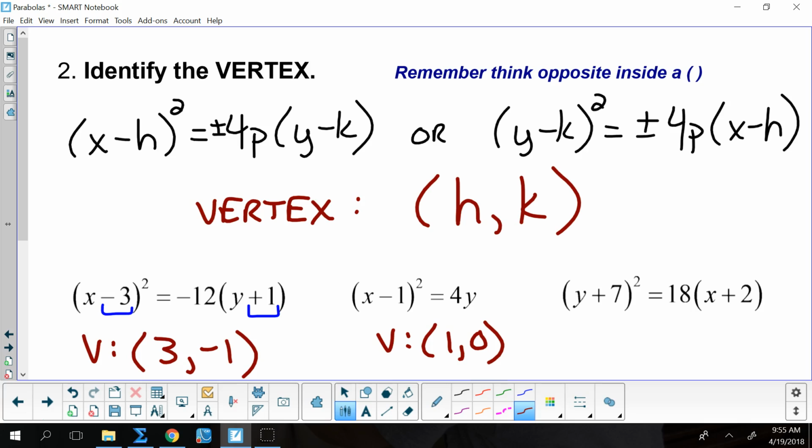Negative 2, comma, negative 7. Because the h part comes along with the x, and the k part comes along with the y. So you've got to be a little careful when you're talking about what's your h and what's your k. H goes with x, k goes with y.